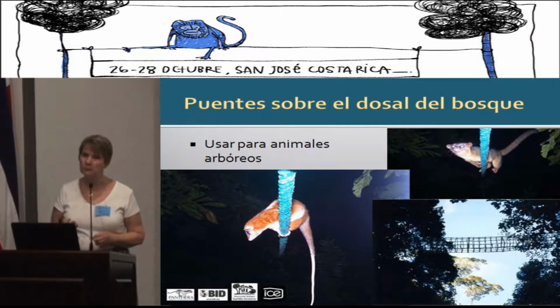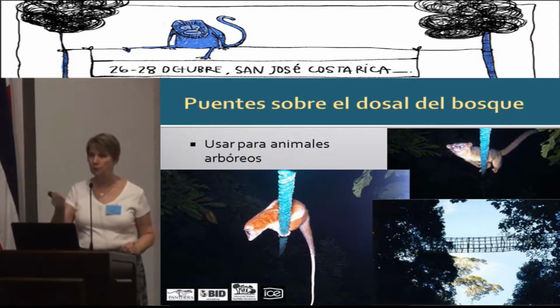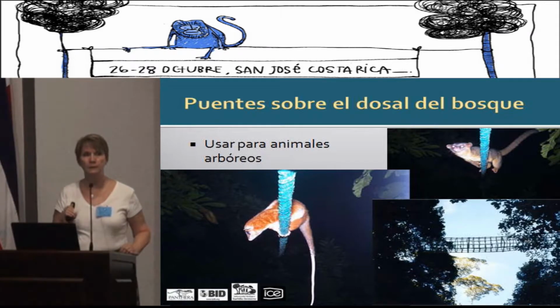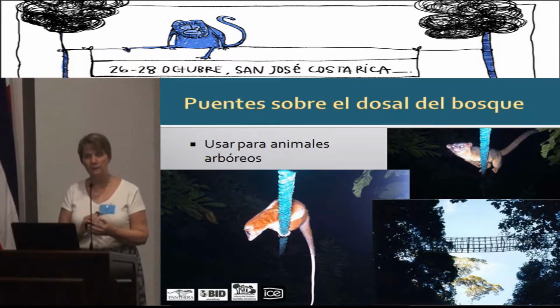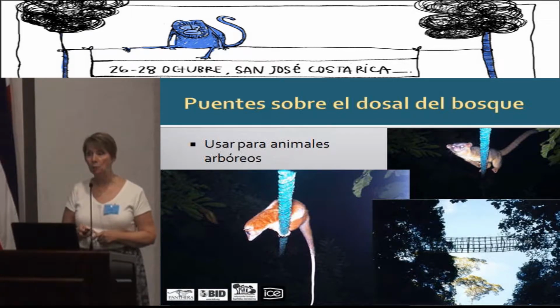There's so many species that, as Tony mentioned, the forests here are very, very dense, and so that means that the species there are going to be more adapted to staying in the trees, and especially at the tops of trees. So arboreal bridges are attempts to cross from one tree to the next. And sometimes they work and sometimes they don't. We need more research on this.